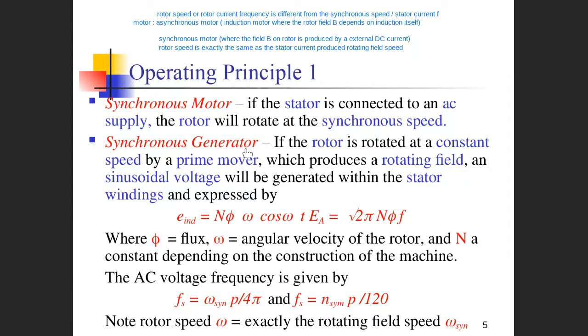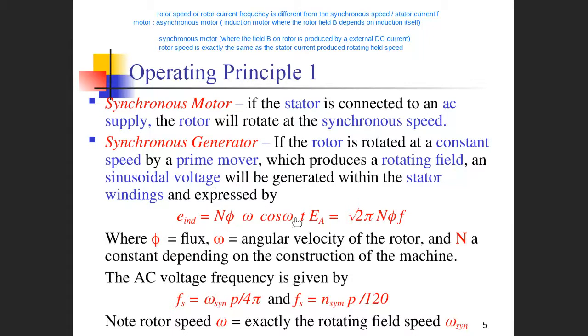So for a synchronous generator, the rotor is rotated at a constant speed by a prime mover, so we keep the rotating speed of the rotor stable. That's very important, which produces a rotating field. So a sine waveform of the voltage will be generated within the stator windings, as expressed here.